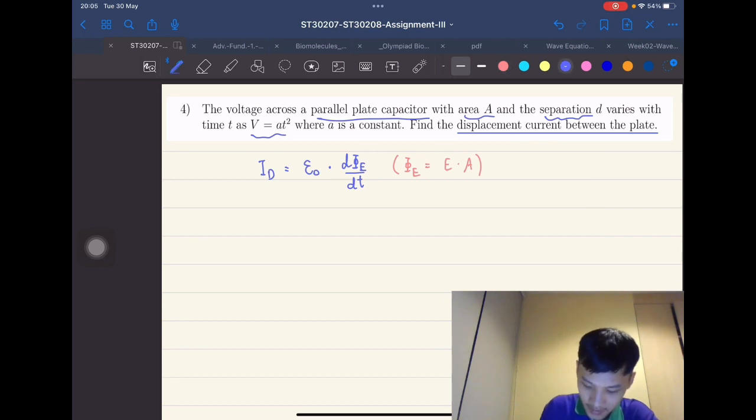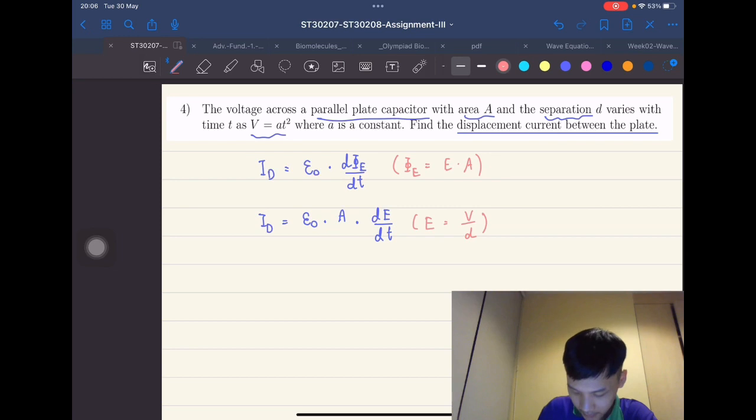We substitute that in the equation and get ID equals epsilon 0 times. We can pull A out from the differentiation as it is a constant, and we differentiate the electric field over time. We also have that E is equal to V divided by the separation.